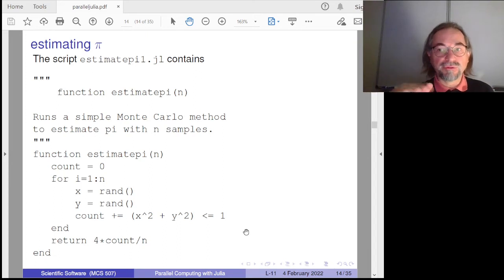So the ratio of the first quadrant enclosed by the unit circle and the square with area 1 tends to be, if we have the actual area, pi over 4. That's why we multiply here by 4.